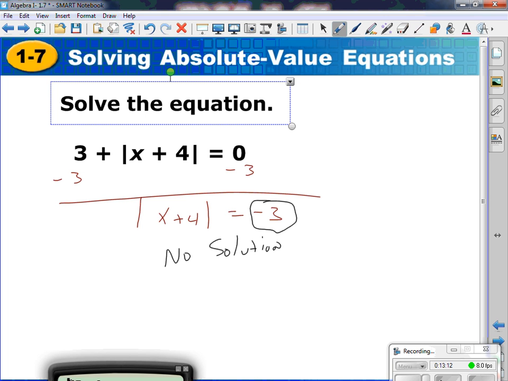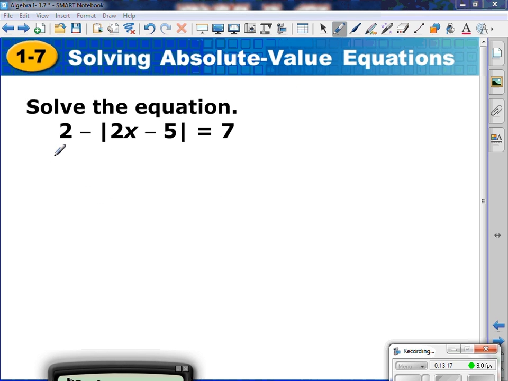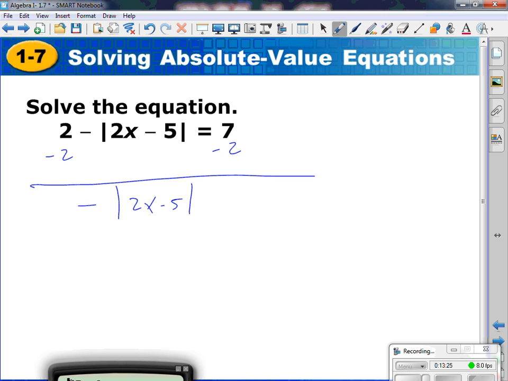What do I have to do on this one first? Subtract 2 here, subtract 2 here. I have negative absolute value of 2x minus 5 equals, what's 5 minus 2? Or sorry, 7 minus 2 is 5. But I have a problem here. There's a negative out front. So really what I'm going to do is change the sign of both sides.